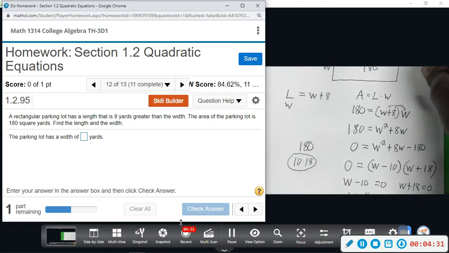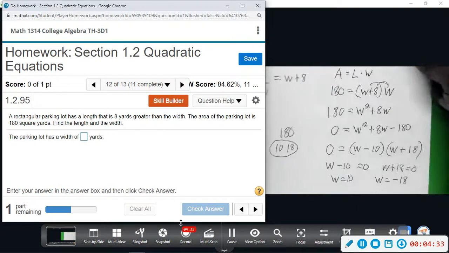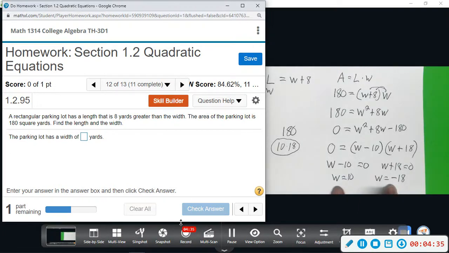Okay, now we have a measurement for width. Measurements cannot be negative. This is like a real world scenario. So there's no way that our parking lot could have a width of negative 18. So this answer gets thrown out. So our width, therefore, is 10.